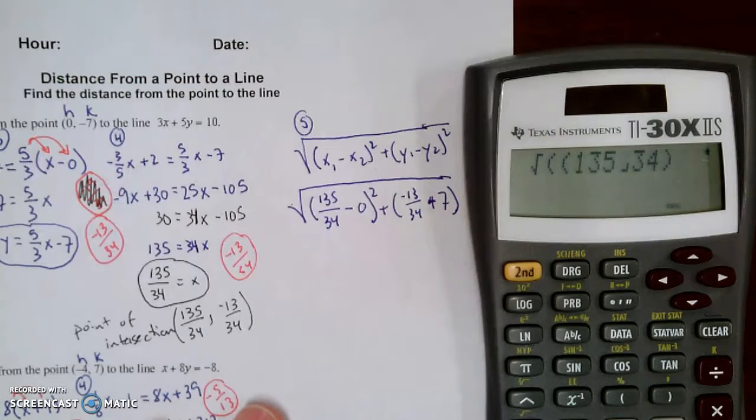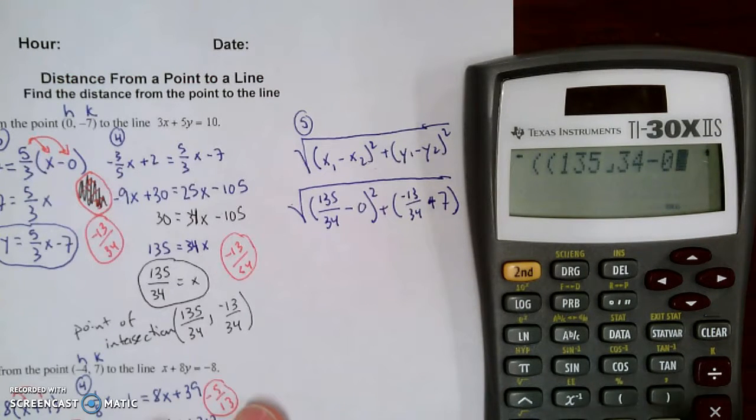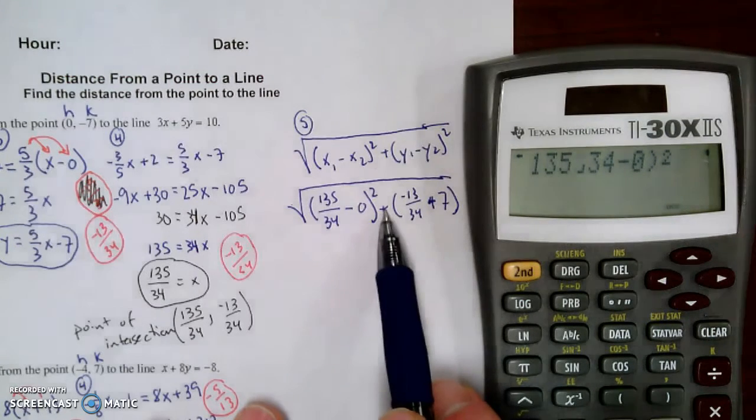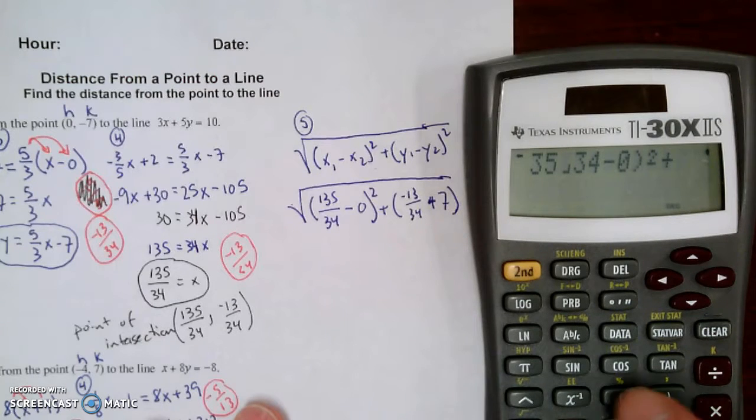And then minus 0, but that's not really necessary. We'll do it anyway. Close that parentheses out and put our squared in. Next, it's plus, and then we're going to open up a new set of parentheses.